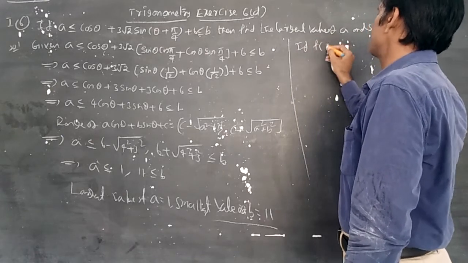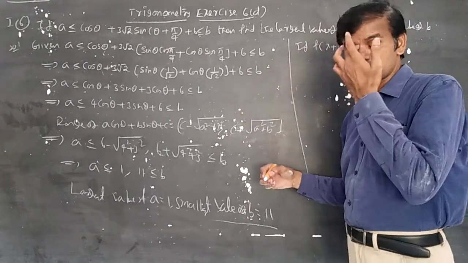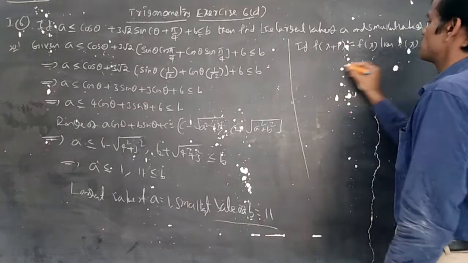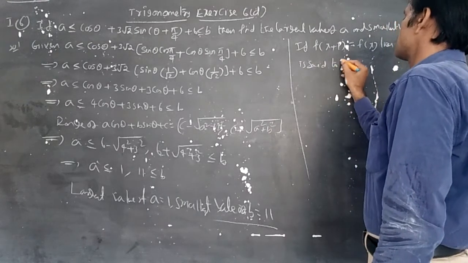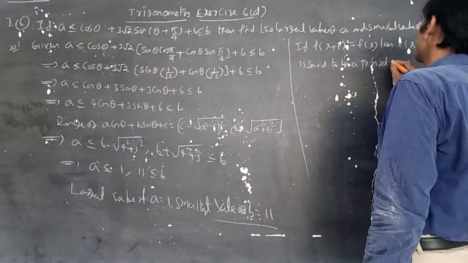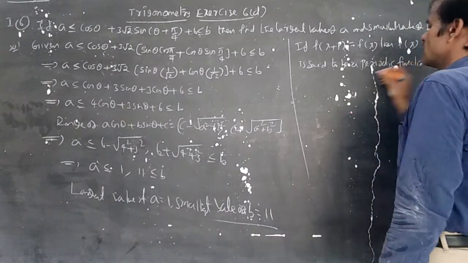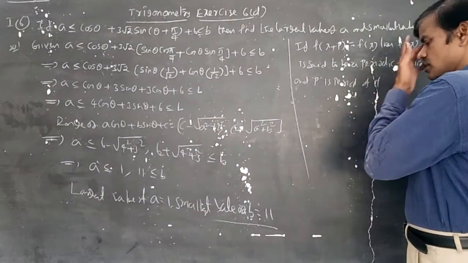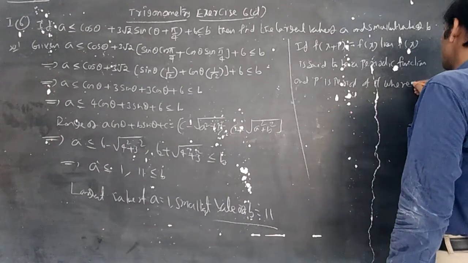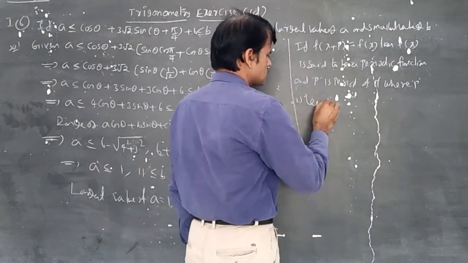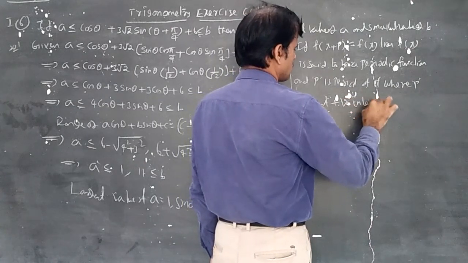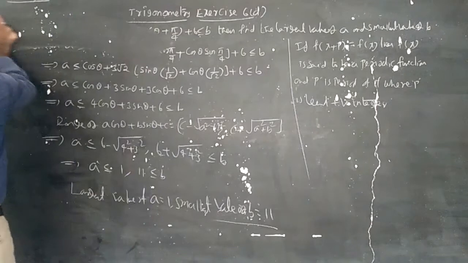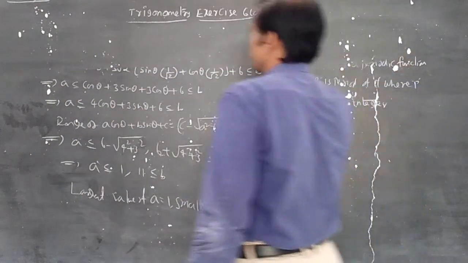I already said before, in the graphs concept in exercise 6b, that if f of x plus p is equal to f of x, then f of x is said to be a periodic function, and p is a period of it, where p is the least positive value. For example, in trigonometry, cos x, sin x, secant x, cosecant x have period 2 pi.